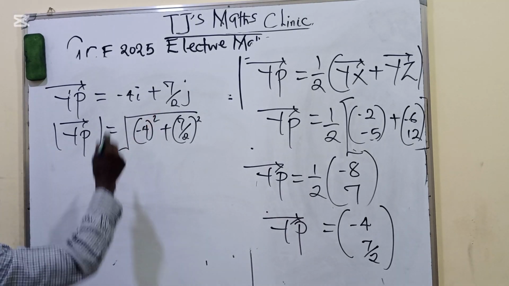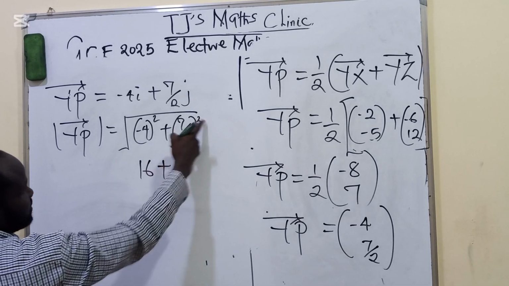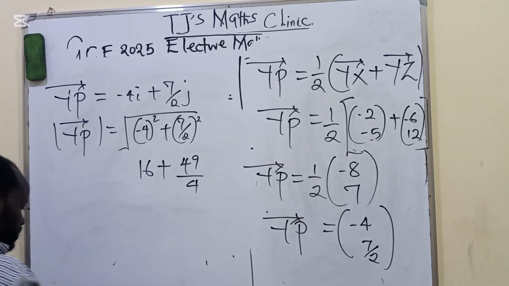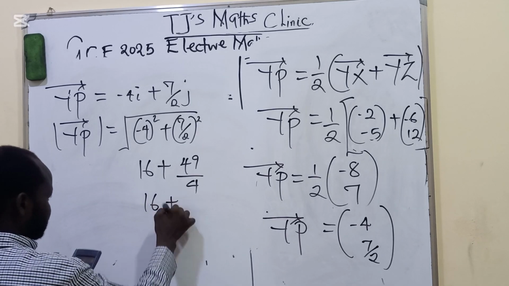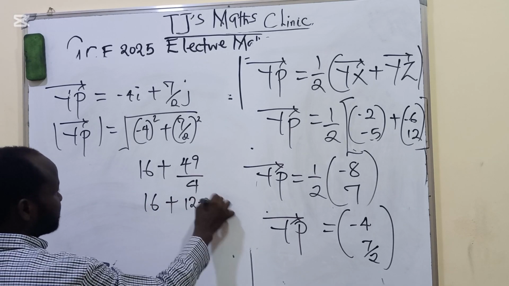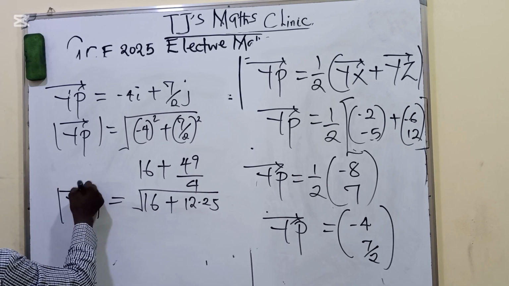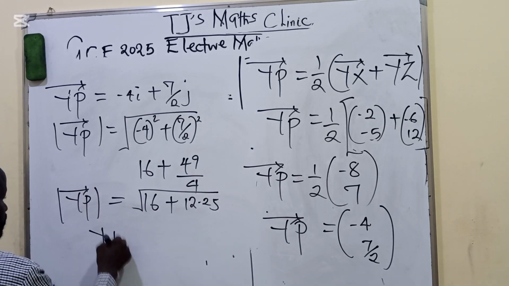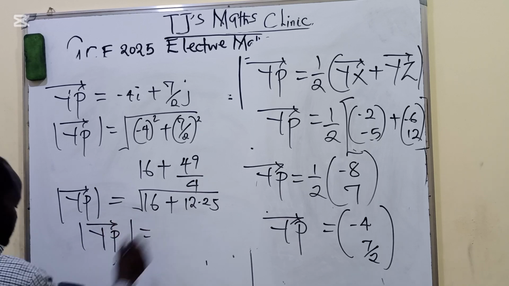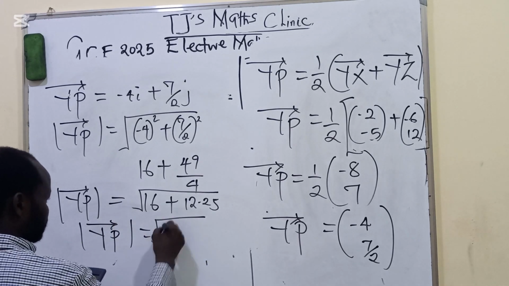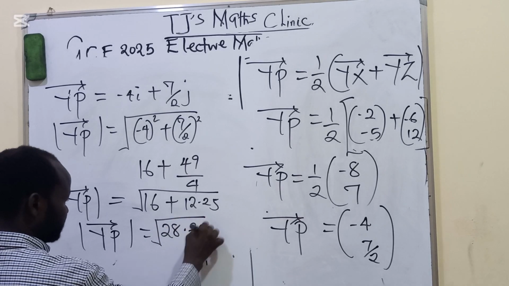Minus 4 squared is 16, plus 7 squared is 49 divided by 2 squared which is 4. So let's divide 49 by 4. We have 16 plus 12.25. We have the square root. Looking for the magnitude of vector YP now, we add 16 plus 12.25, that will be the square root of 28.25.